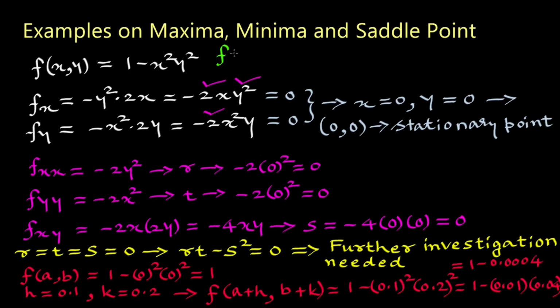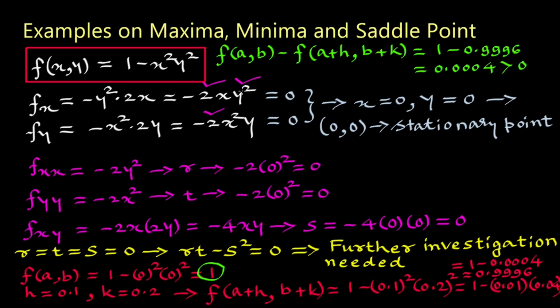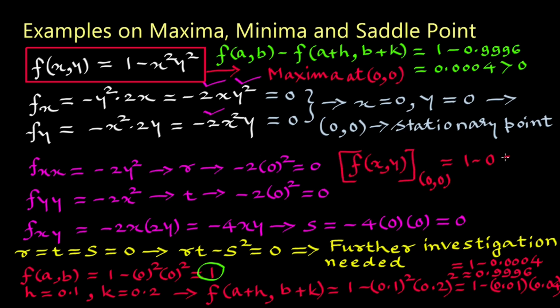Now we have f(a,b) minus f(a plus h, b plus k) equals 1 minus 0.9996, that will be 0.0004, which is positive, which implies that the given function has maxima at the origin 0, 0, and the maximum value will be 1 minus 0, that is 1.